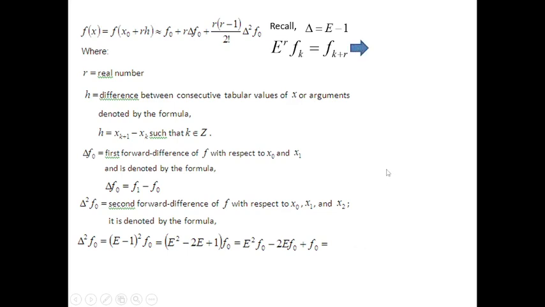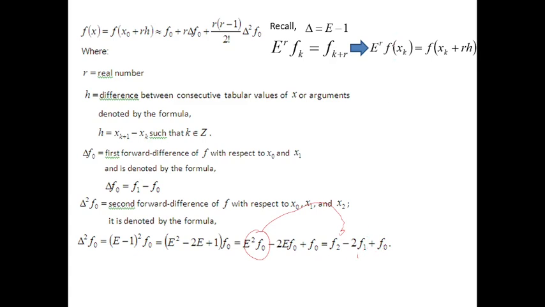That's why this will now become f sub 2, minus 2f sub 1, right? Because E f sub 0 is f sub 1. Then plus f sub 0.